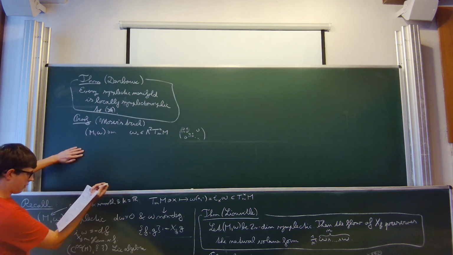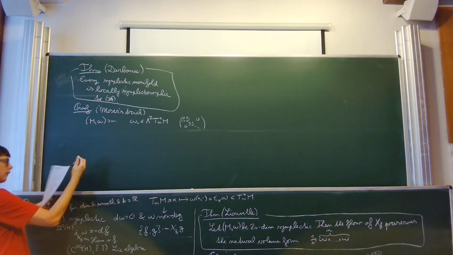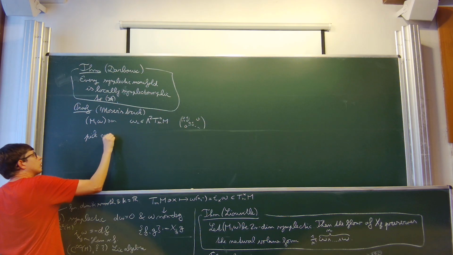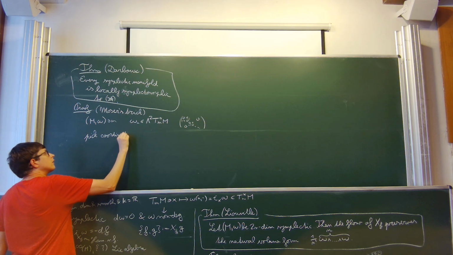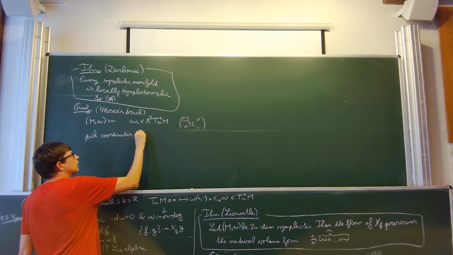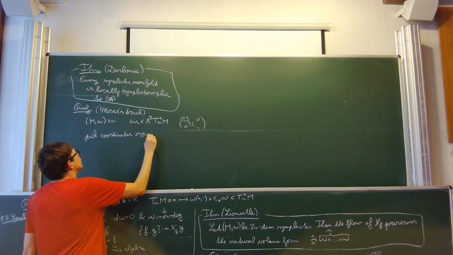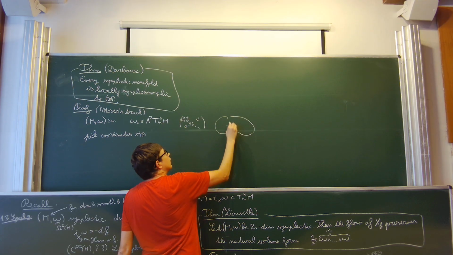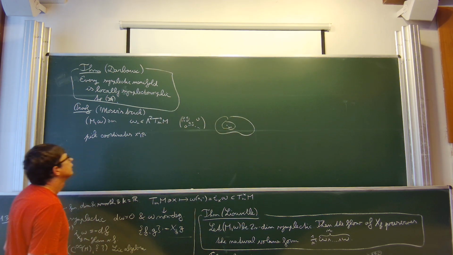So what I want to use is the fact that we can now pick local coordinates around this point. I will call them x and p. Picture here some point m. So we are picking some small chart.